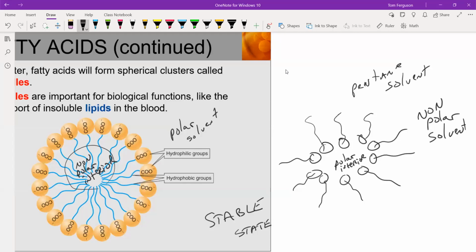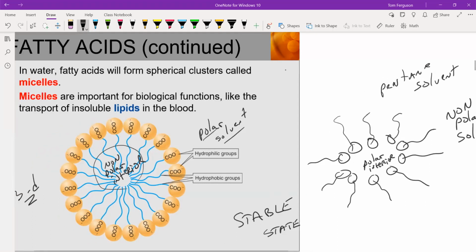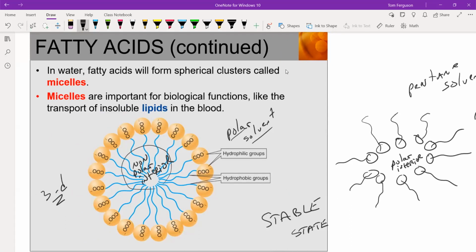The same process would go on, it's just turned inside out, so that the solvent-friendly parts are bathed in the solvent they're most compatible with. The non-compatible parts are inside, away from the solvent. So you just turn this inside out. We reverse the polarity of the solvent to form the most stable state: polar parts inside, non-polar parts on the outside. Does that make sense? And these are called micelles.